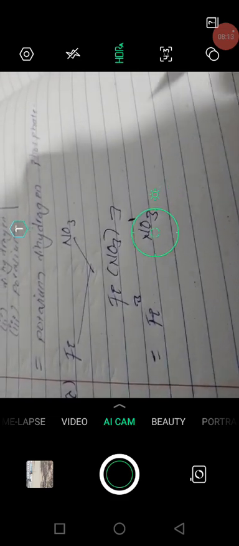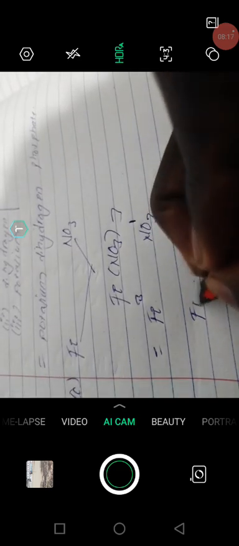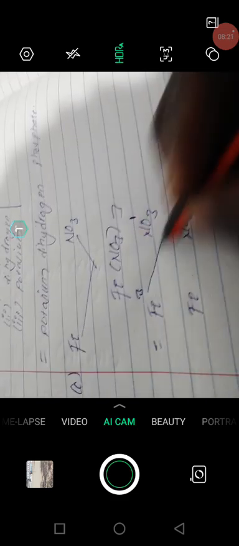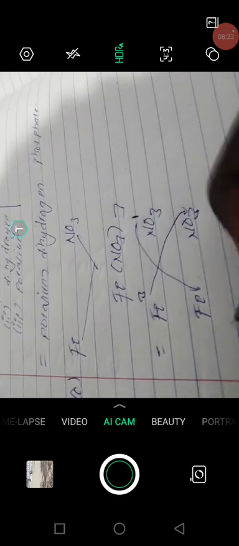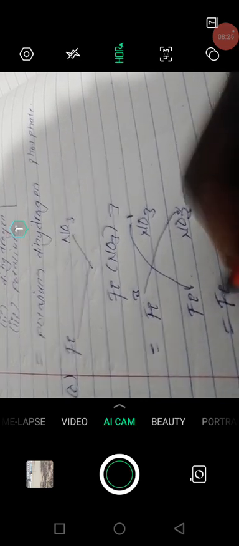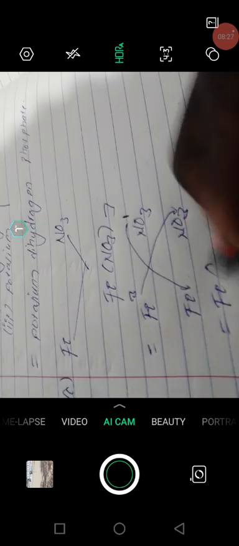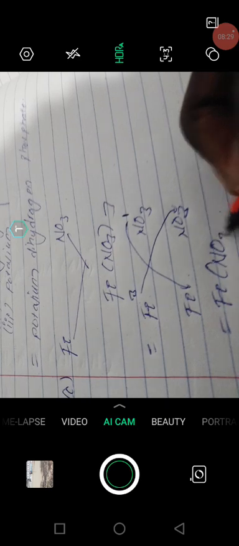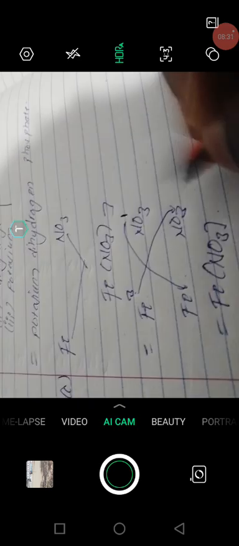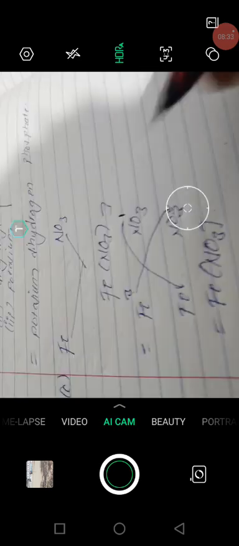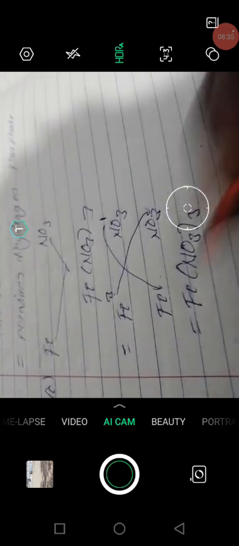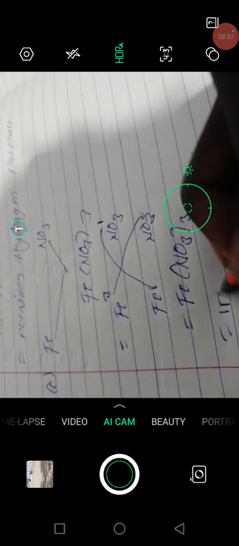I just want to also write the chemical formula, how they came up with it, to increase the room of understanding. So Fe and NO3. They exchange their valences. These three come here. Hence, the name of this one is iron.